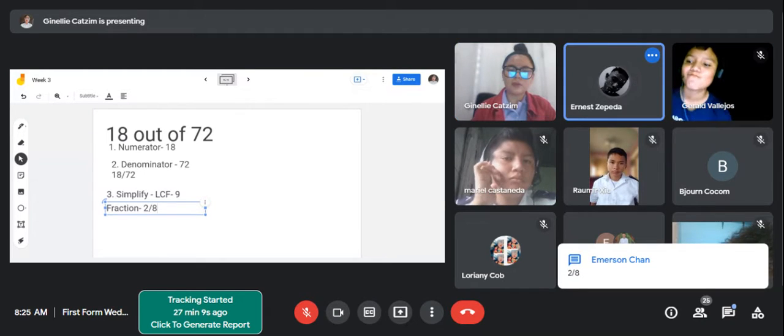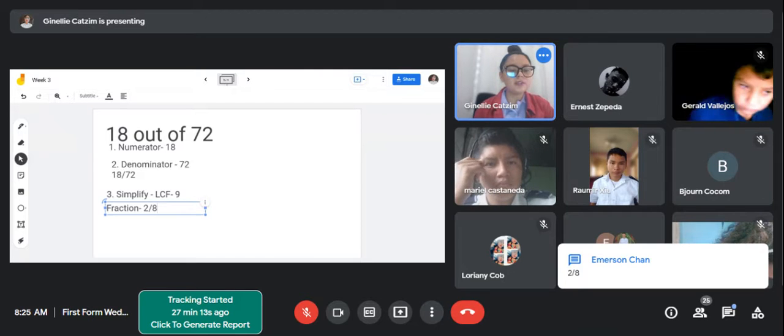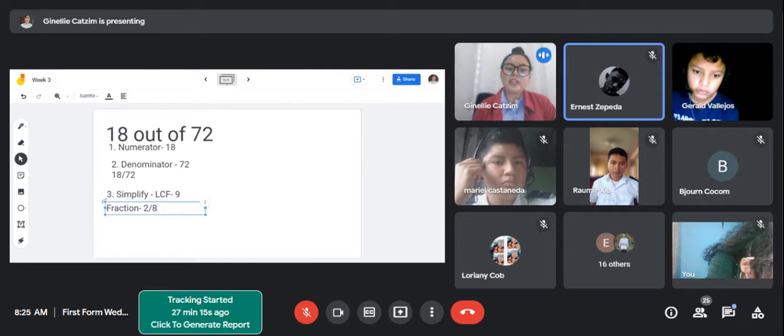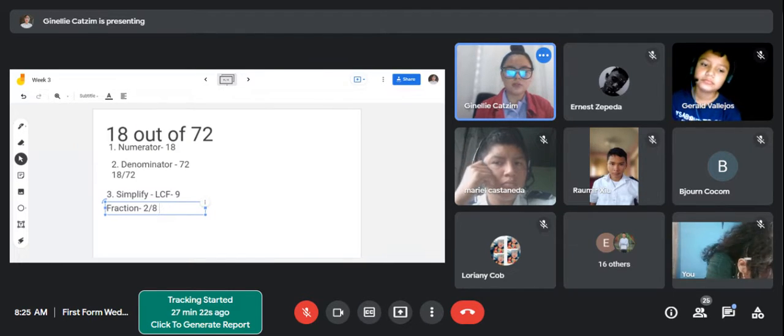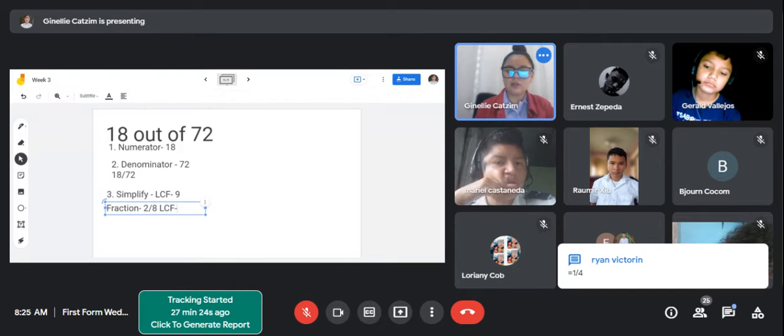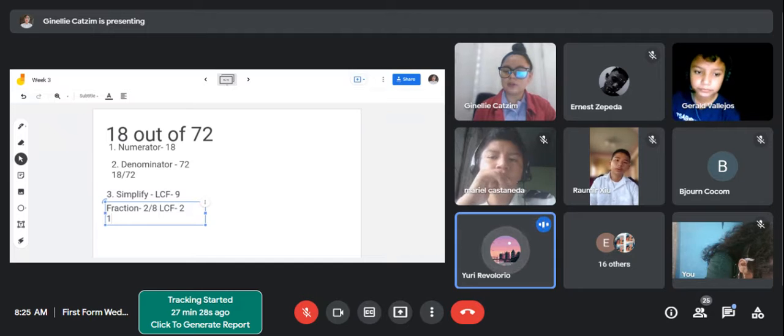2 over 8, miss. And 2 over 8 can be simplified more? Yes, miss, by 2. If we simplify by 2, how much do we get? 1/4.